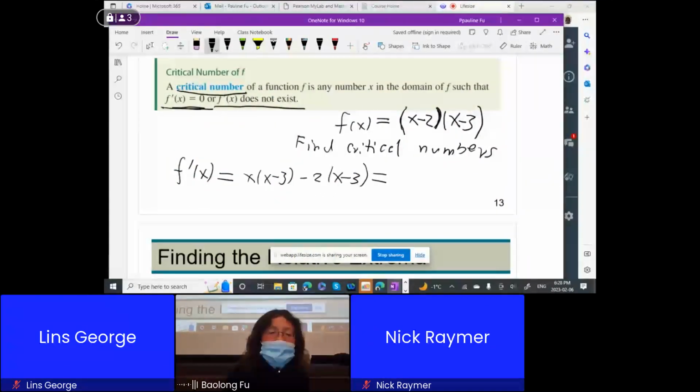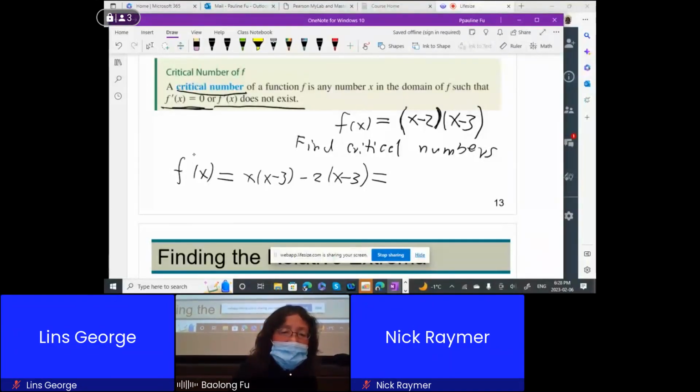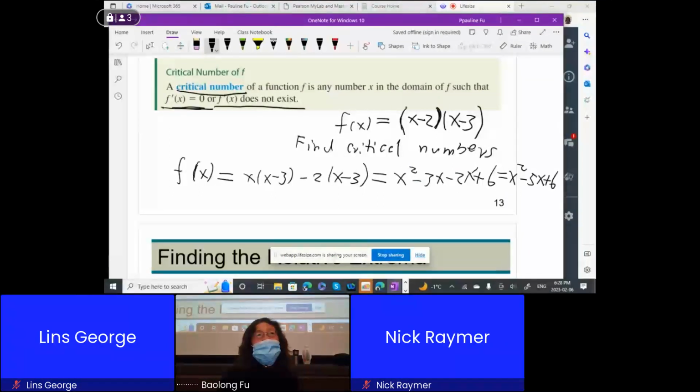This is not derivative, this is just simplifying the original expression, f(x). And it becomes x squared minus 3x minus 2x plus 6. So simplified, x squared minus 5x plus 6. Okay, this is method 1.